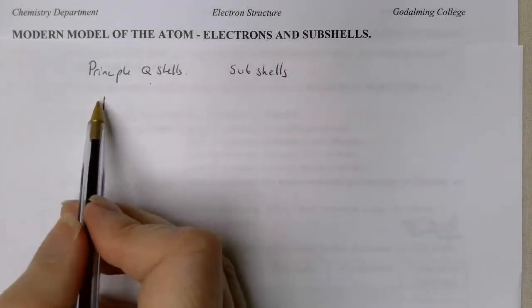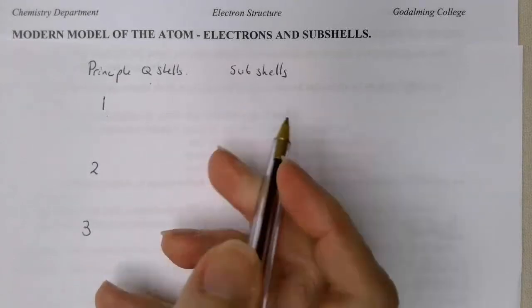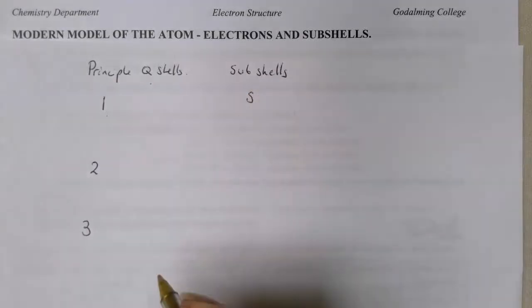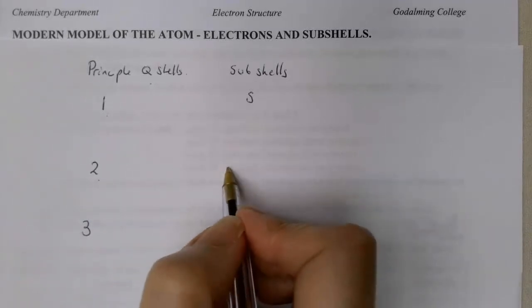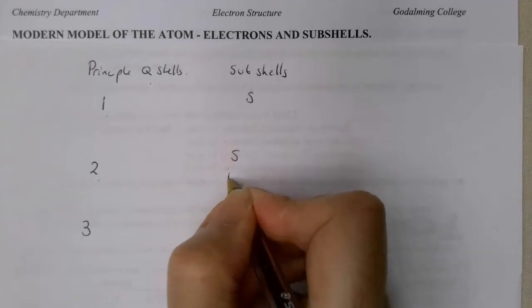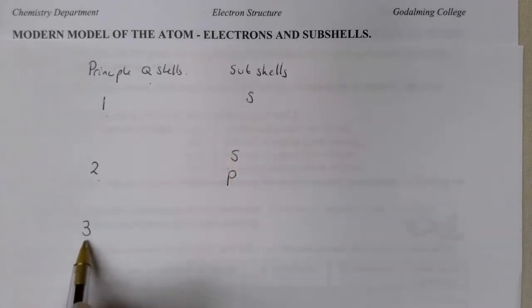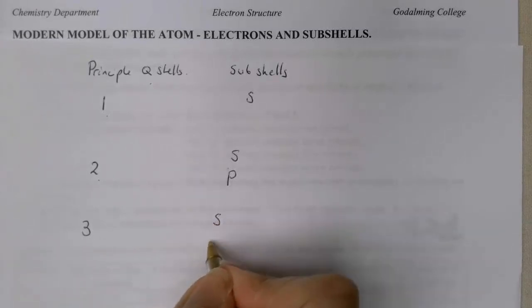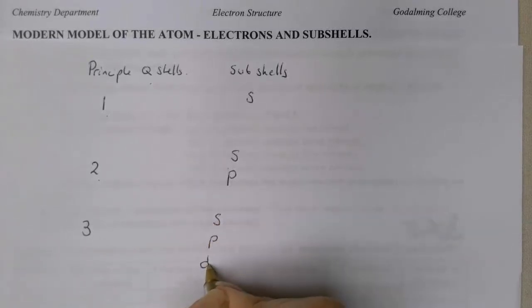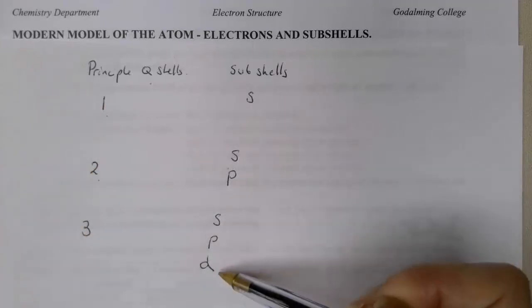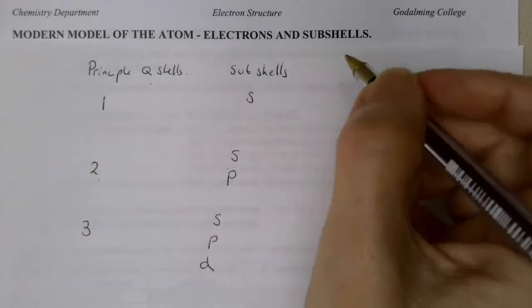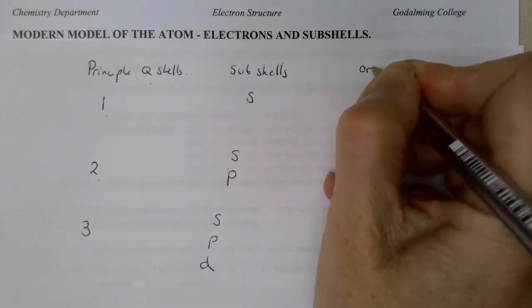Now, in the first principal quantum shell, we only get one subshell, and we give that subshell a letter, so it has the letter S. In principal quantum shell 2, we have 2 subshells, which we call S and P. And in the third principal quantum shell, we have 3 subshells, S, P, and D. So each of these principal quantum shells can be broken down into subshells. Each of these subshells can be broken down into orbitals.